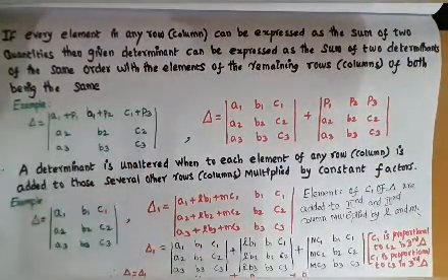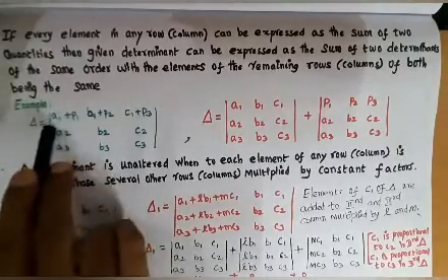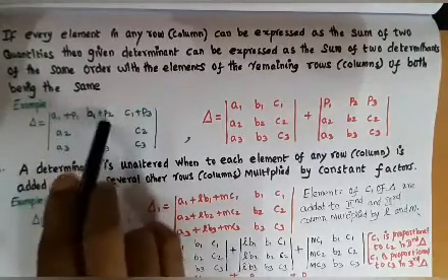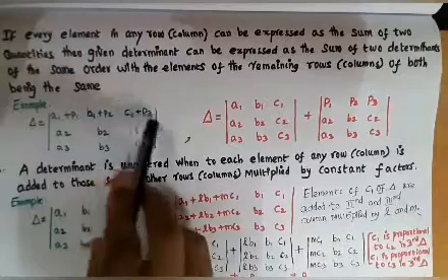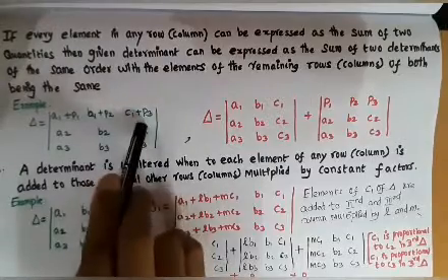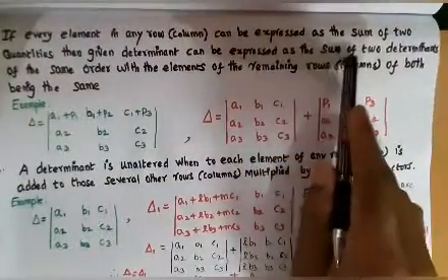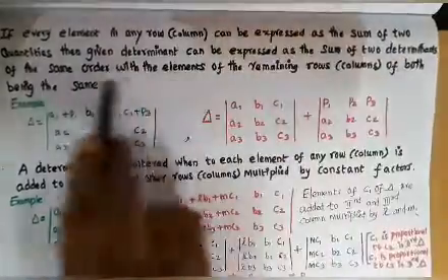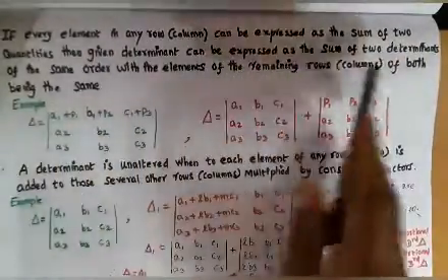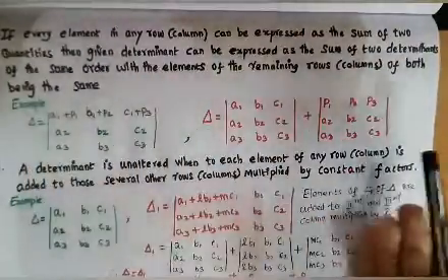A1, P1 is the sum of two terms, P1, P2 is the sum of two terms, C1, P3 is the sum of two terms. So it expresses the sum of two determinants of the same order with the remaining rows of both being the same. So that means what?